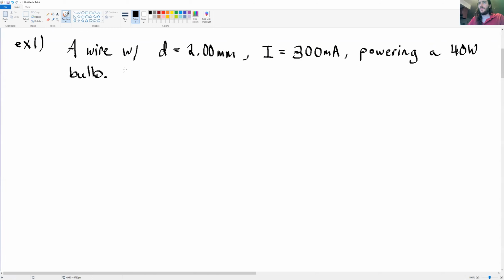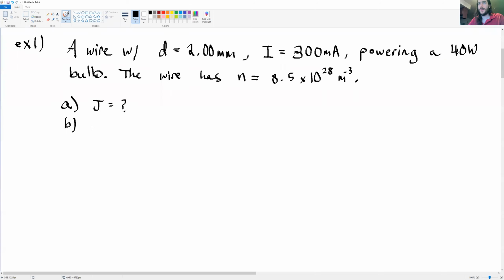And the wire has a density of free charge carriers of 8.5 times 10 to the 28 inverse cubic meters. Part A here, we want to find the current density. Part B, we want to find the drift velocity. Okay.